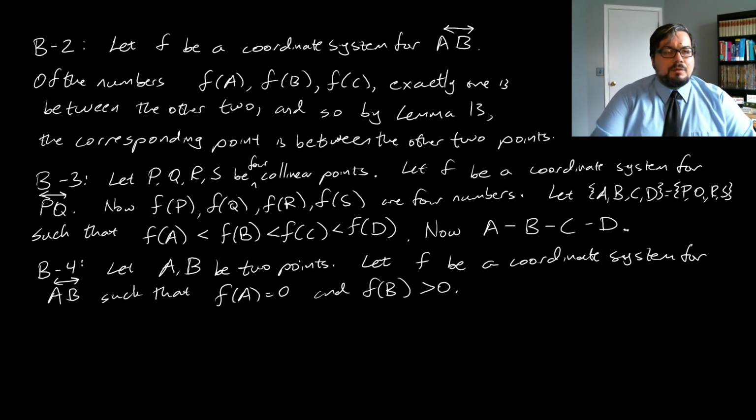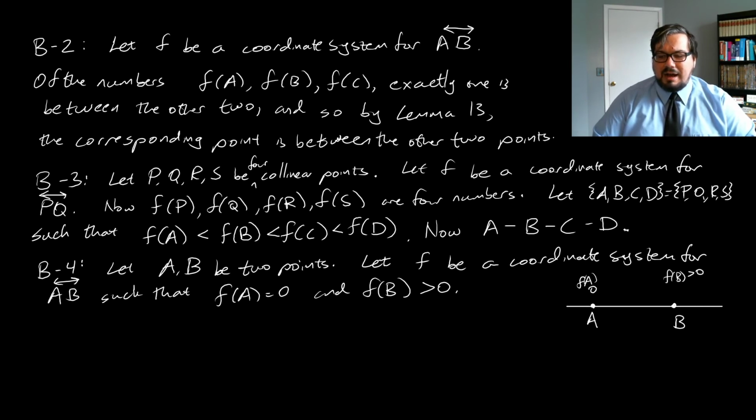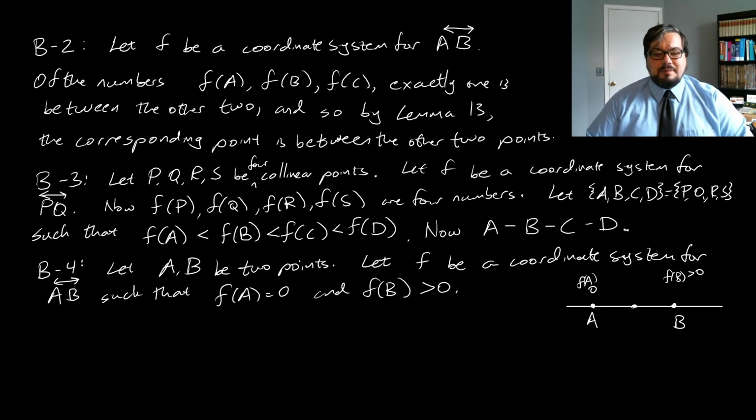So now we want to find points C and D that match what we want. So we know that we've got F of A, which is 0 right here, and then we've got F of B, which is positive up here, and we want to find some number in between them.